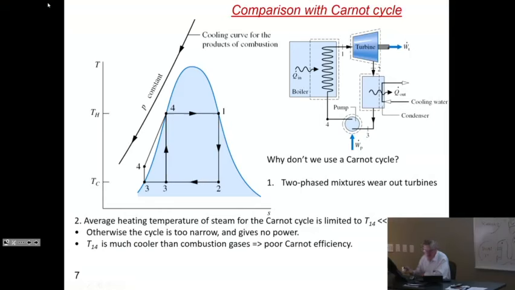So you are going to have a poor Carnot efficiency if you compare it to the temperature of the combustion gases anyway, because T14 is much cooler than the combustion gases. So we really don't want to work either here nor here, and we actually don't want a Carnot cycle in vapor compression, in a vapor power cycle.